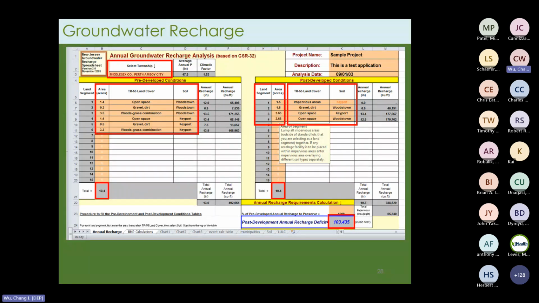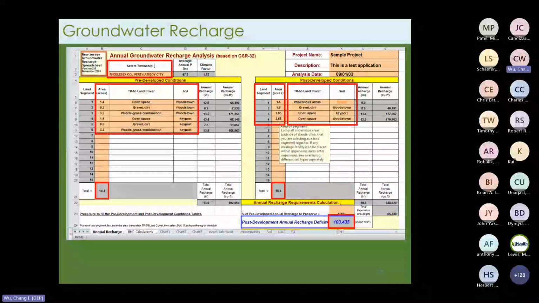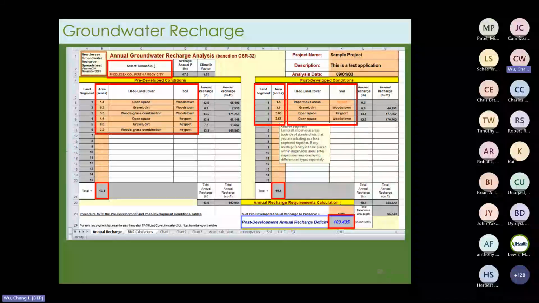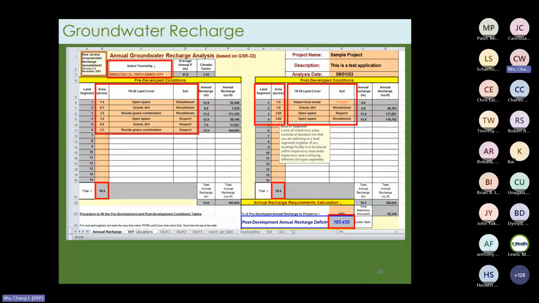And here's the first page of the groundwater recharge spreadsheet. The orange shaded areas are for the inputs and the gray areas are for the output. Let's take a look at the input for the first page. On the left of the page, there are inputs for the pre-construction condition. On the right side, it's the input for the post-construction condition.